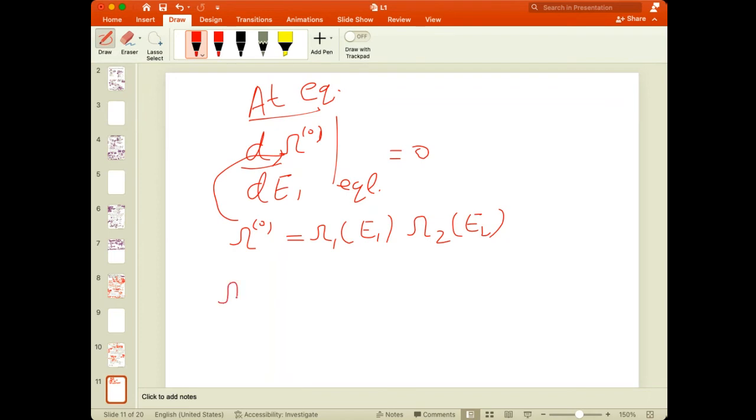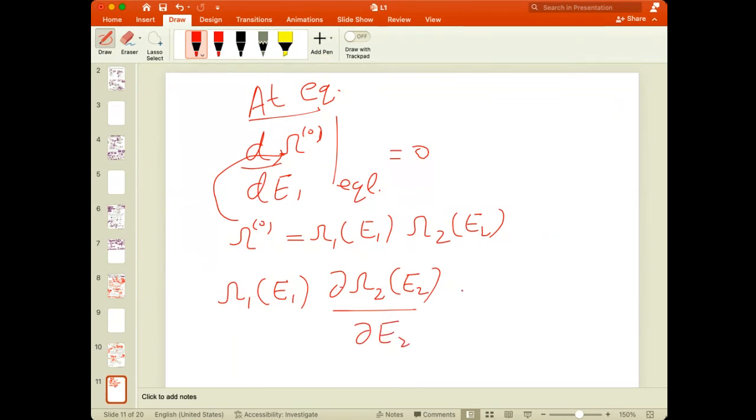It will be the first function as such, times the derivative of the second function, omega 2 as a function of E2. Do remember that you have to differentiate with E1, so we should actually use partial derivatives, curly omega 2 by curly E2.